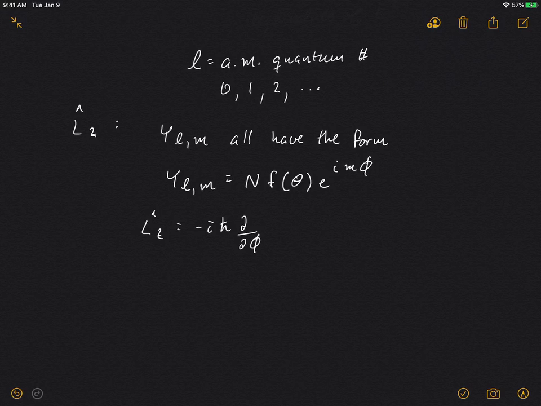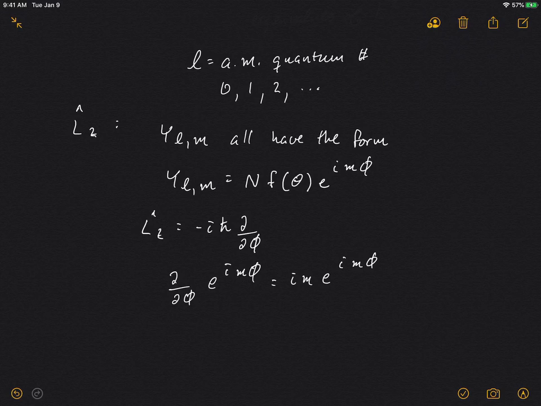It's going to ignore or pass along the normalization constant and the function of theta part. And d/d phi of e to the i m phi is going to give you i m e to the i m phi.